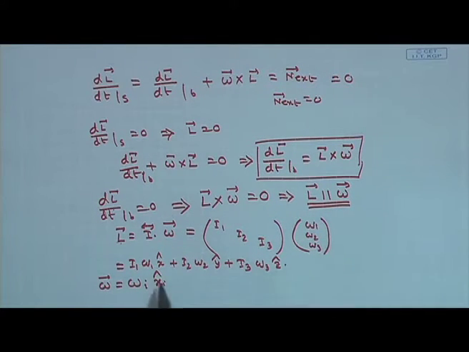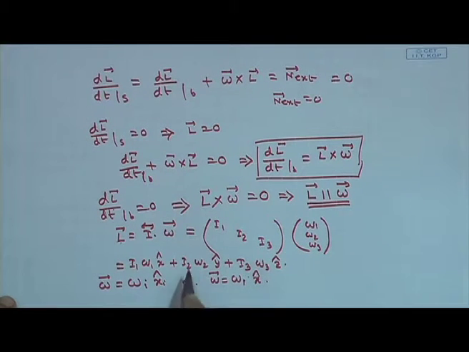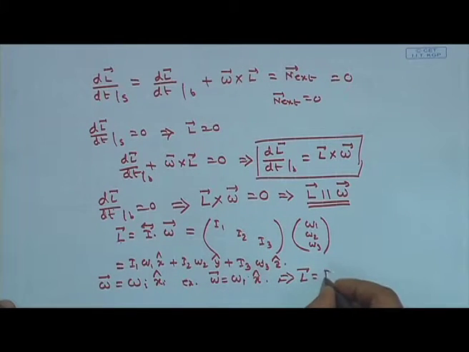Only if omega is defined along one of the principal axes, for example, if omega is equal to omega 1 x cap, then the second and the third terms in the expression vanish, then L is simply I1 omega 1 x cap.